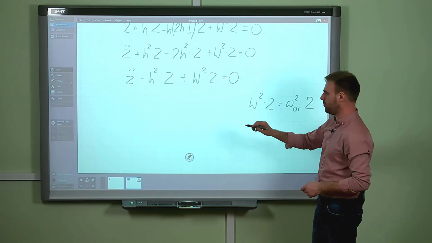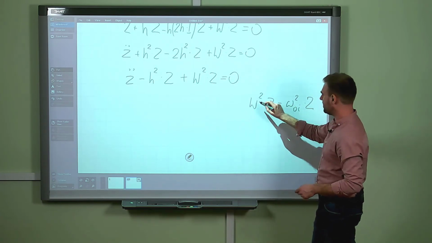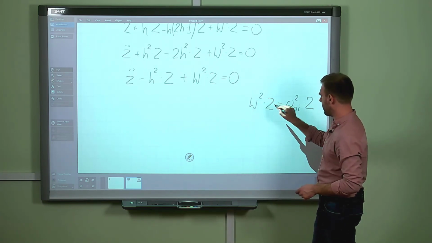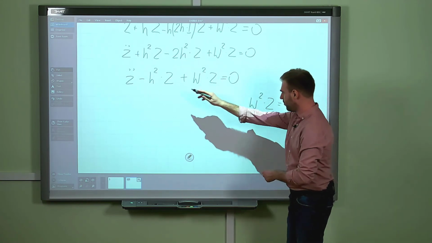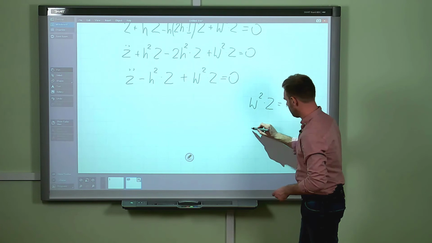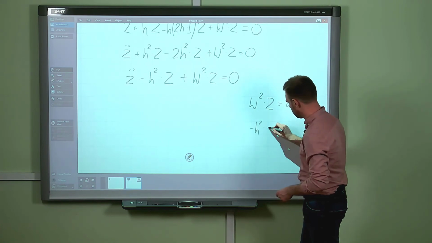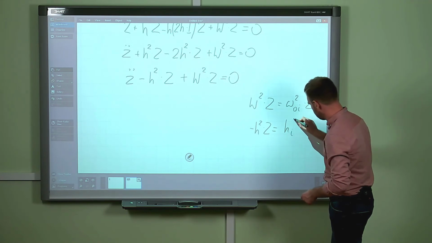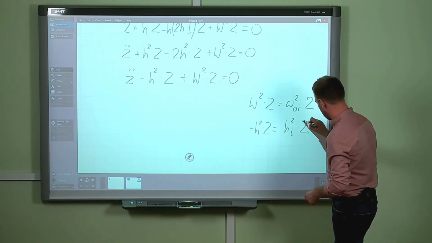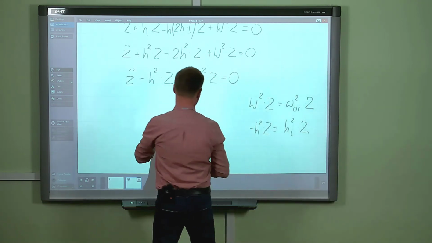If I put, instead of w square z, the product with the natural frequency, I have to put that minus h squared times z will be exactly for the values indicated for z, okay?